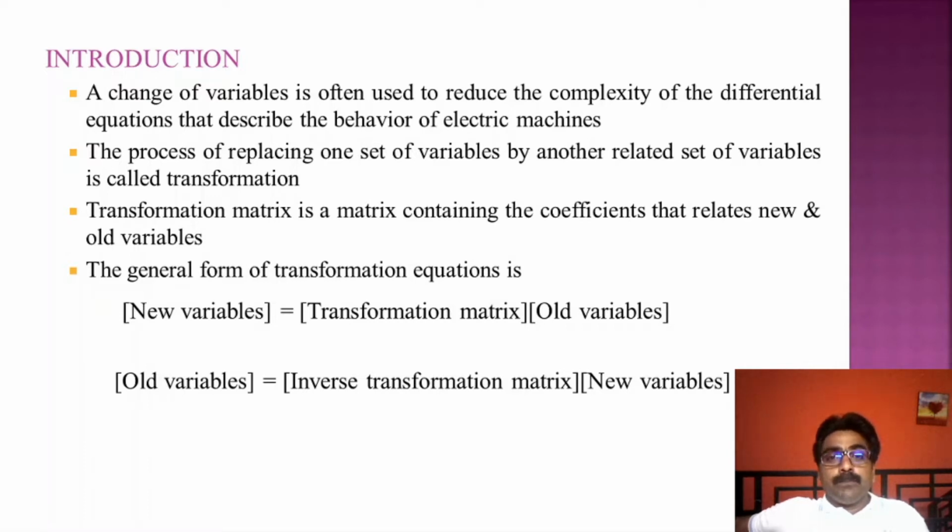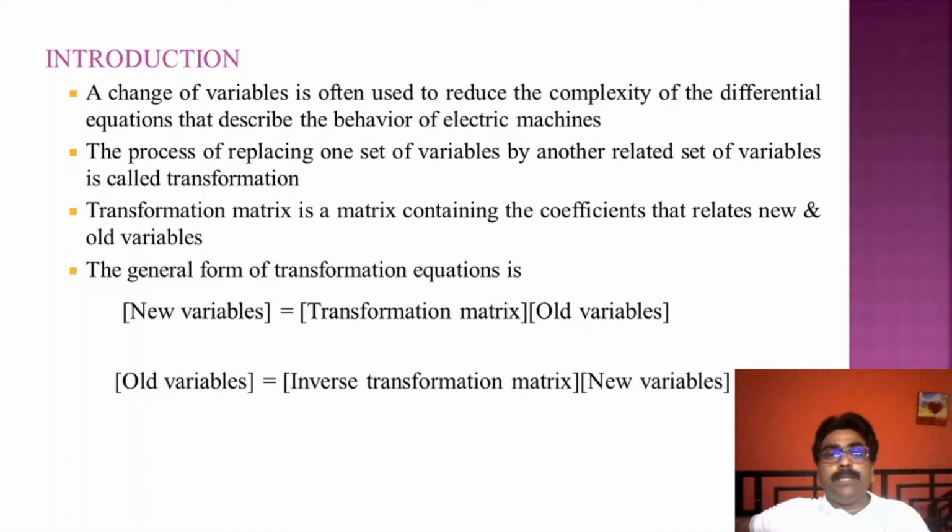So here, as I mentioned before, the Clarke transformation is converting the ABC frame into the alpha beta frame, and the Park transformation is converting this alpha beta frame into the DQ frame.